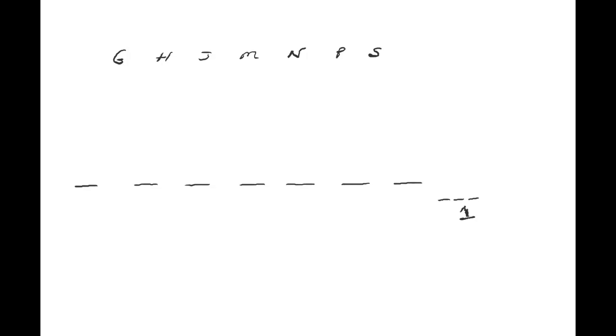H or J is 7, so just write these up here. Necklace is lower number than the mask. Helmet is next to the mask.